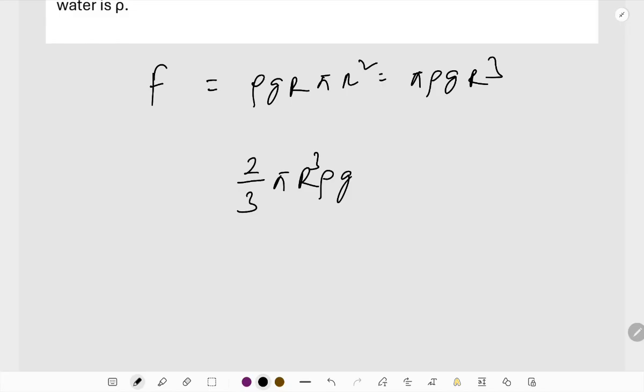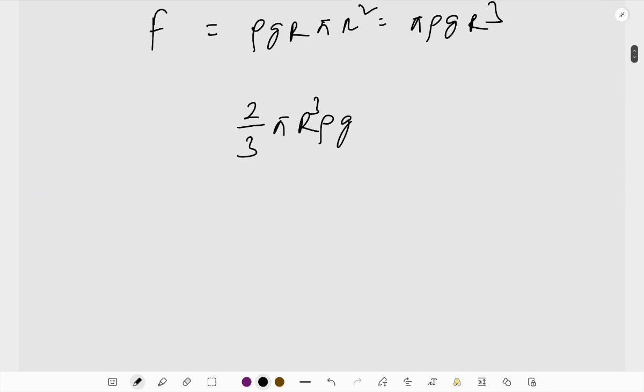And let's denote the mass of the bell by m, and we keep the forces balanced. That means we would like to write the equation of force balance, the equilibrium condition.